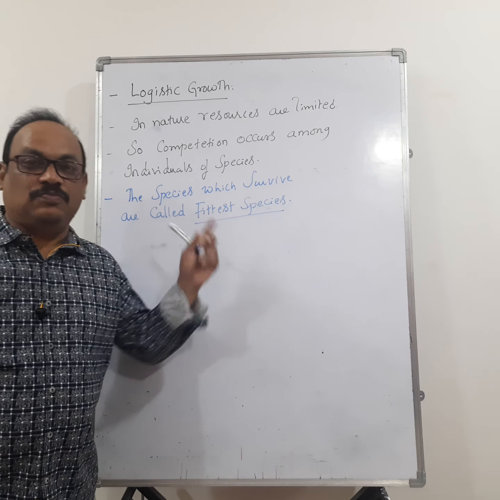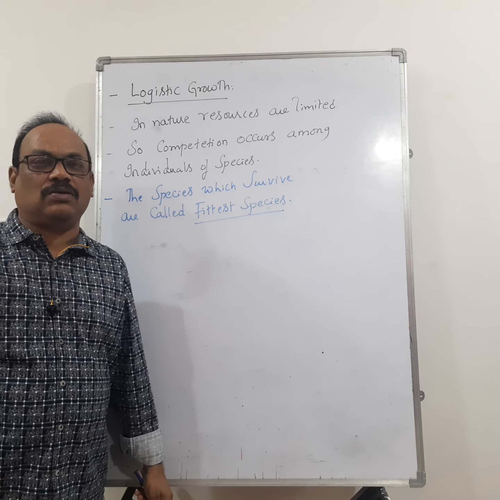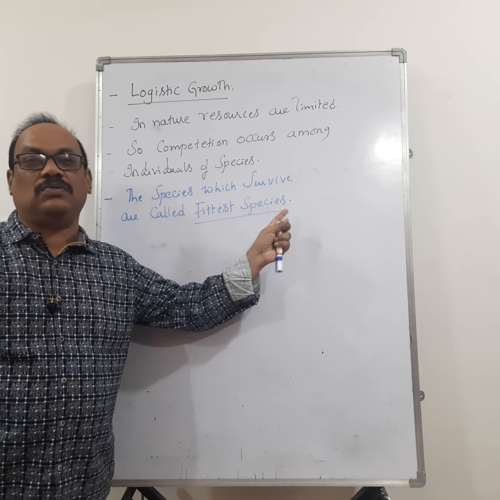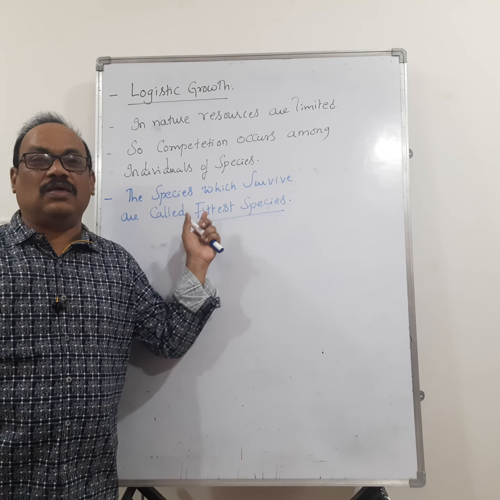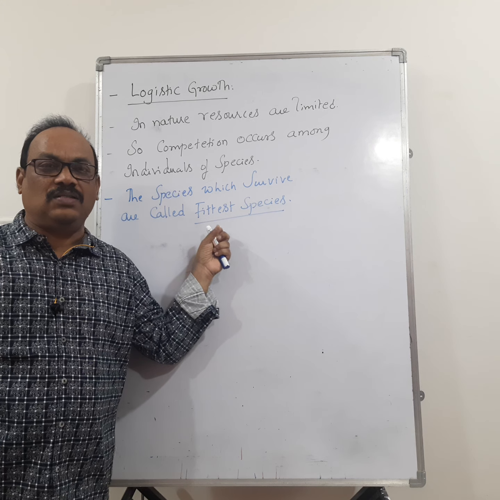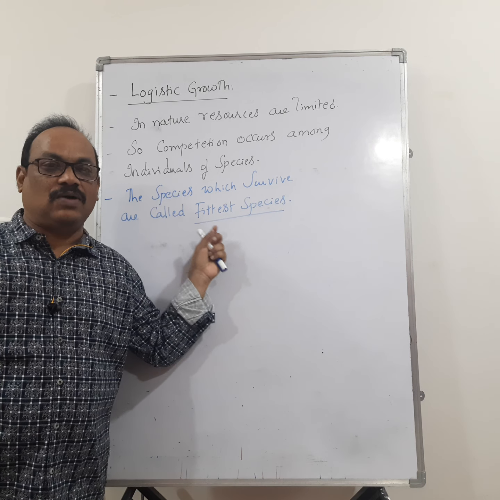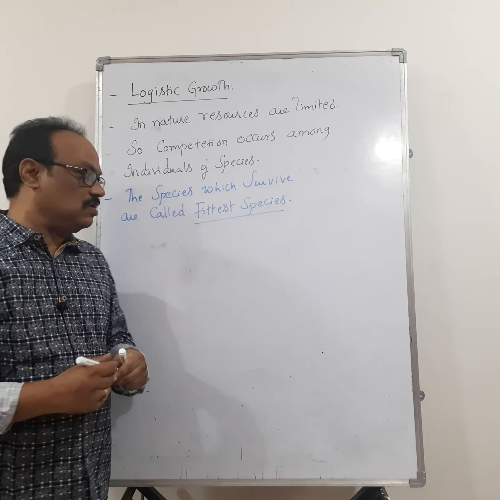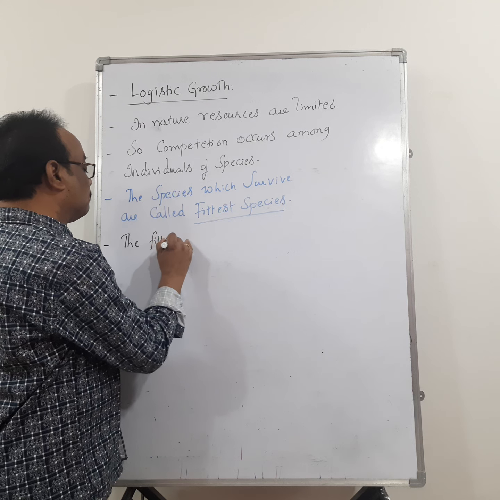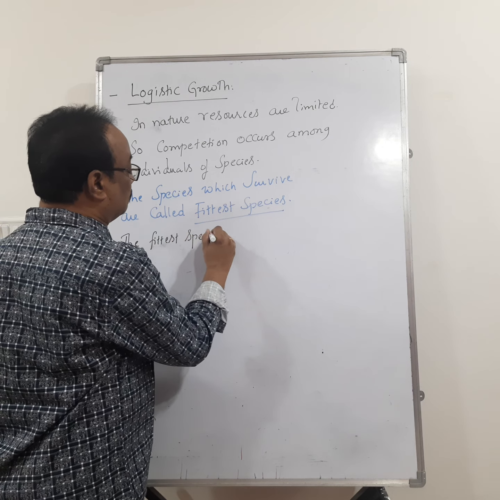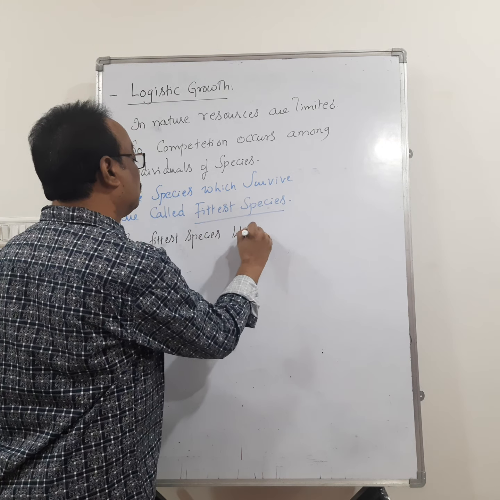Remember that. Darwin has named them fittest species, which are surviving in the competition, or surviving in the struggle for existence. The fittest species will survive and reproduce.